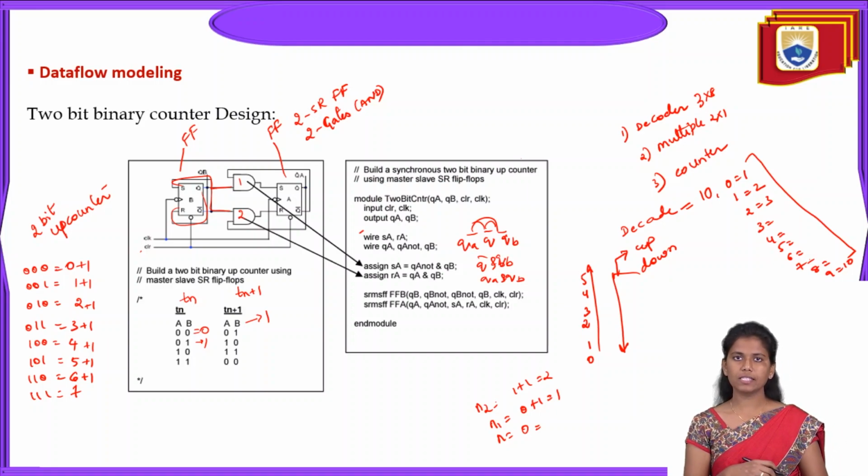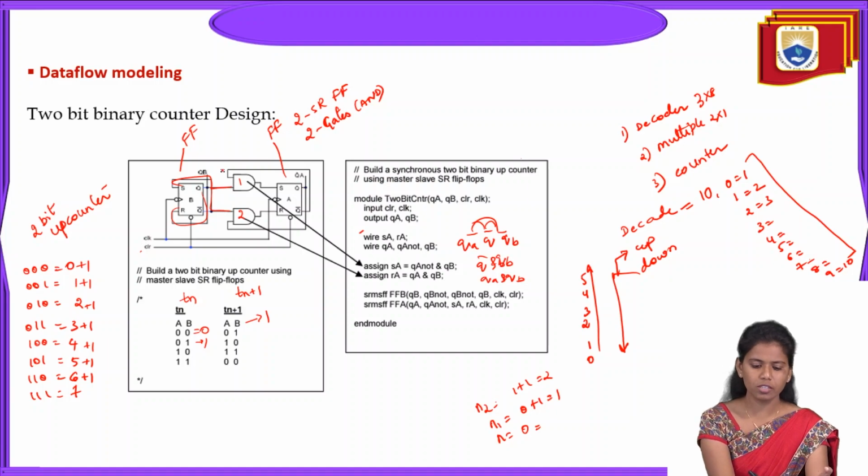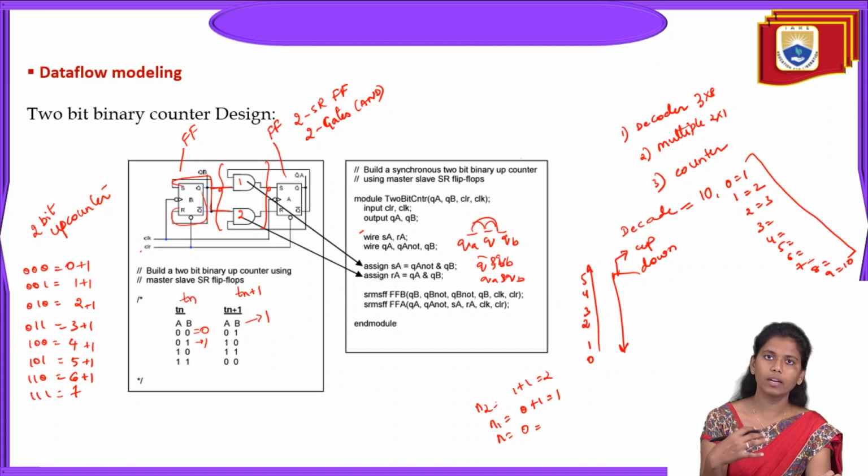After assigning, we are describing the gate structure. See here, this is a gate structure, and to this gate structure we are describing by using the assignment statement, the structure of this particular module. So this is how I am describing.